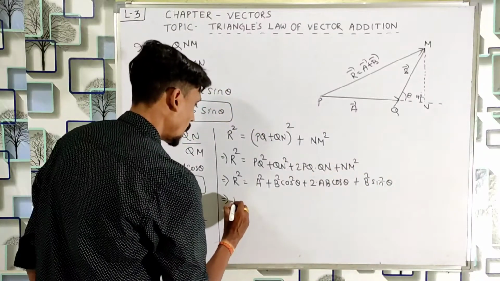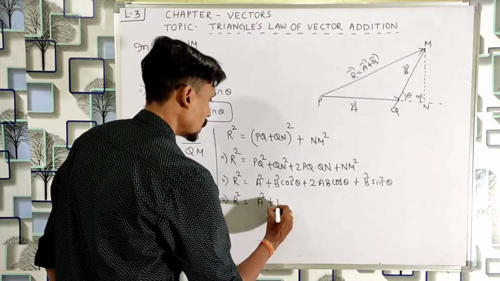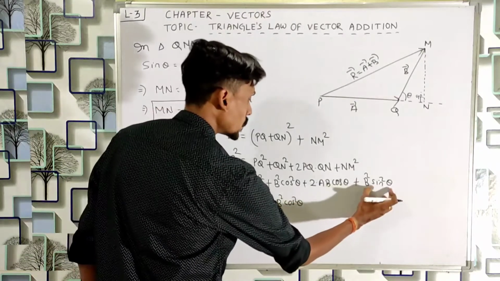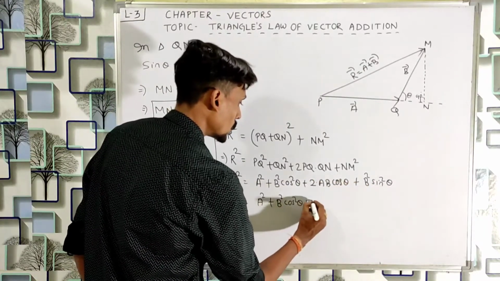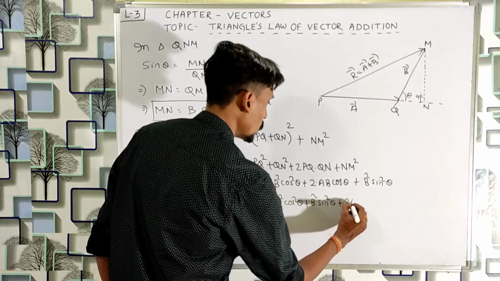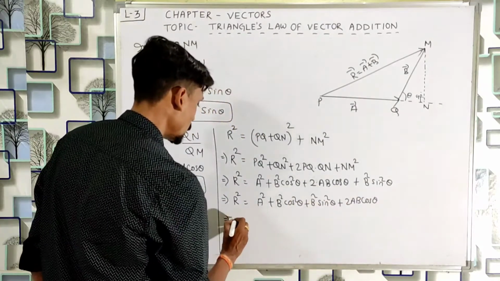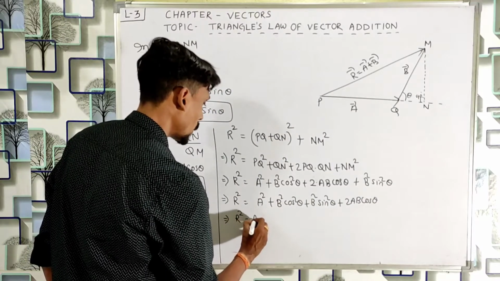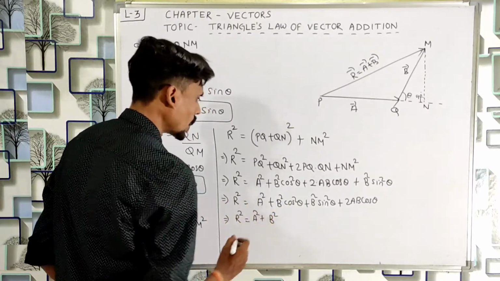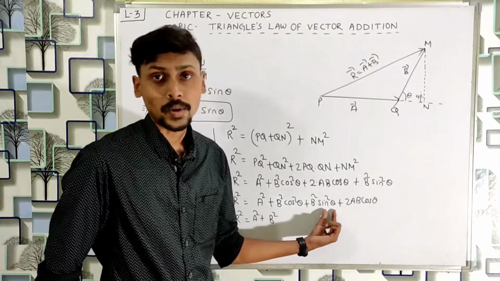That implies r square is equal to A square plus B square cos square theta. Now bring this term here, B square sin square theta plus 2ab cos theta. That implies r square is equal to A square plus, here you can take B square common and inside the bracket you will get cos square theta plus sin square theta.